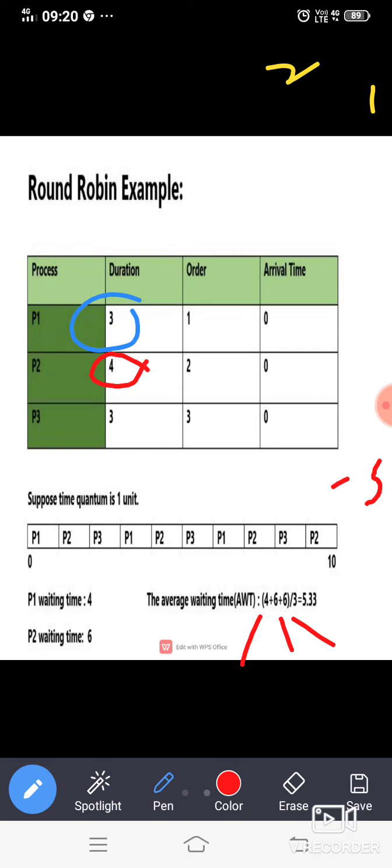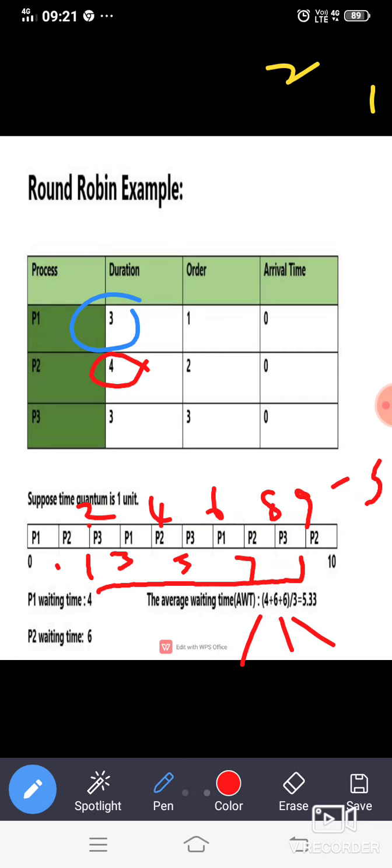How this actually works, let us go for the waiting time of P3, where P3 has started at this position and where P3 has ended at this position. Okay, so this is 1, this is 2, this is 3, this is 4, this is 5, this is 6, this is 7, this is 8, and this is 9. P3 has started at the second and P3 has ended at the ninth second.